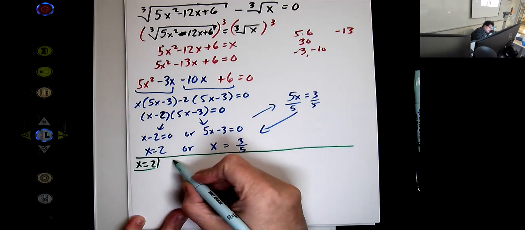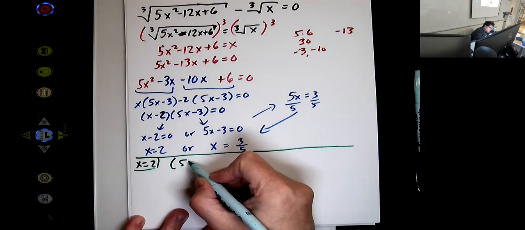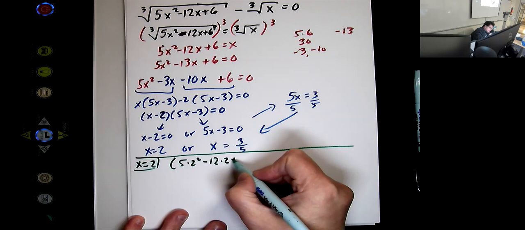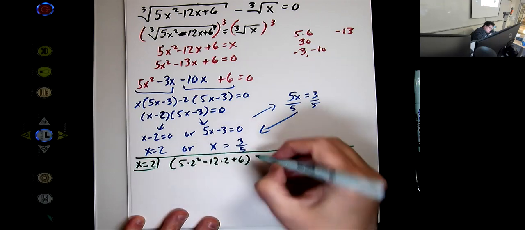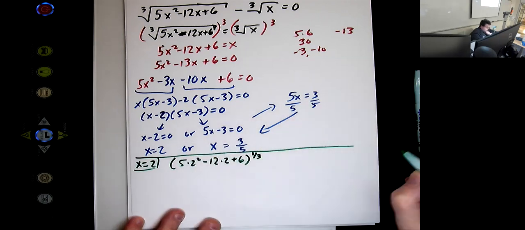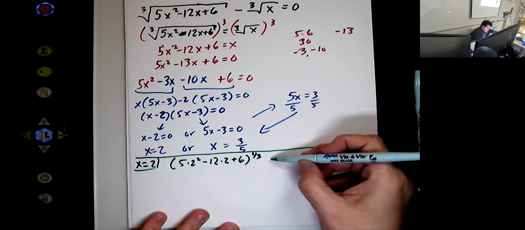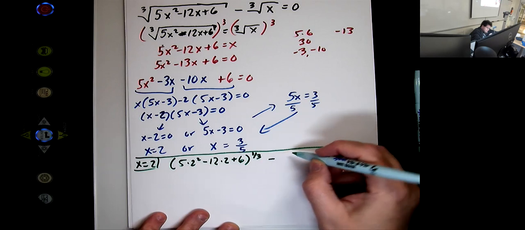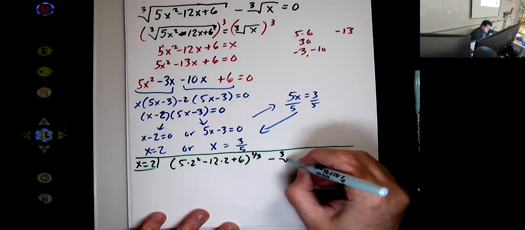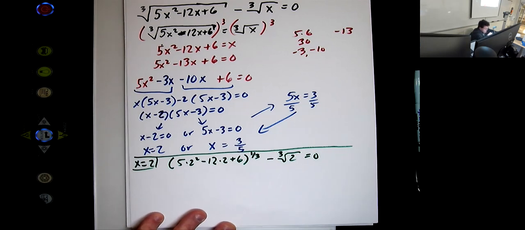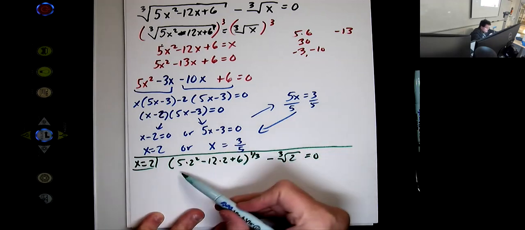I had 5 times 2 squared minus 12 times 2 plus 6, and we got the cube root. I'm going to leave that mark that we use a 1/3 exponent. And then I've got minus the cube root of 2 equals 0. The only way this is going to work is if the inside of this equals 2.